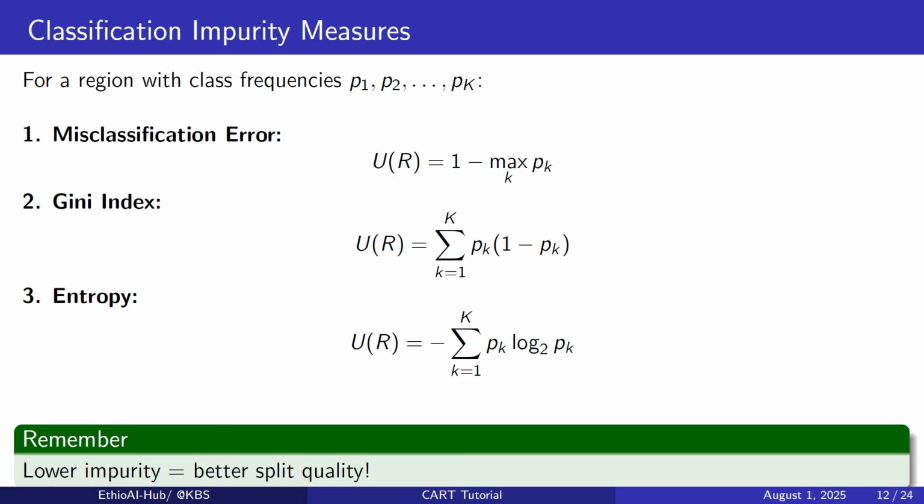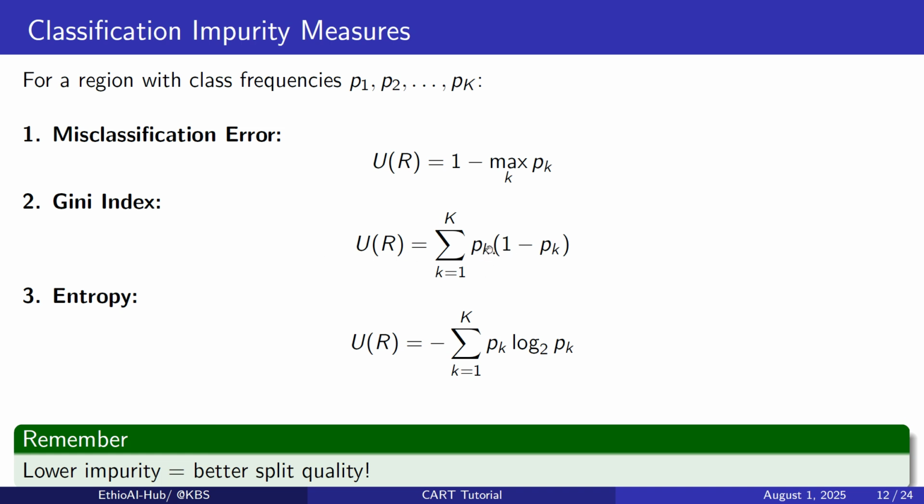So it measures the probability of misclassifying a randomly chosen example, right? So what's the idea? You sum over the proportion of pk times 1 minus pk, pk being the proportion in class K. For example, the Gini probability for 2 males and 5 females would be 2 over 7 times 5 over 7, right?